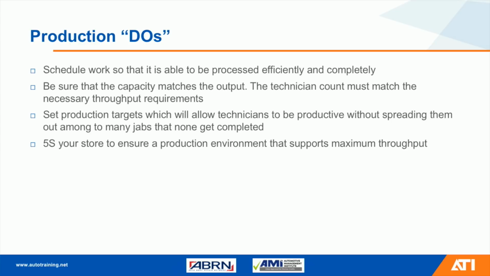So some other things that go into this production process that we need to know about. 5S your store, making sure that it's clean, making sure that tools are well maintained, and our ability to use them is always there. Making sure that tools are being put away in a spot where they're supposed to be put away, and that they're ready for use.